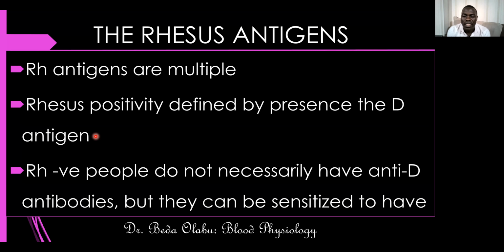They do not necessarily have the antibody against D. They can only get the antibodies against the D antigen if they are sensitized. So they must have some exposure to the D antigen before they get that kind of antibody against D. Otherwise, they don't have the antibodies against D. However, if someone is rhesus positive, definitely they don't have the antibodies against D.